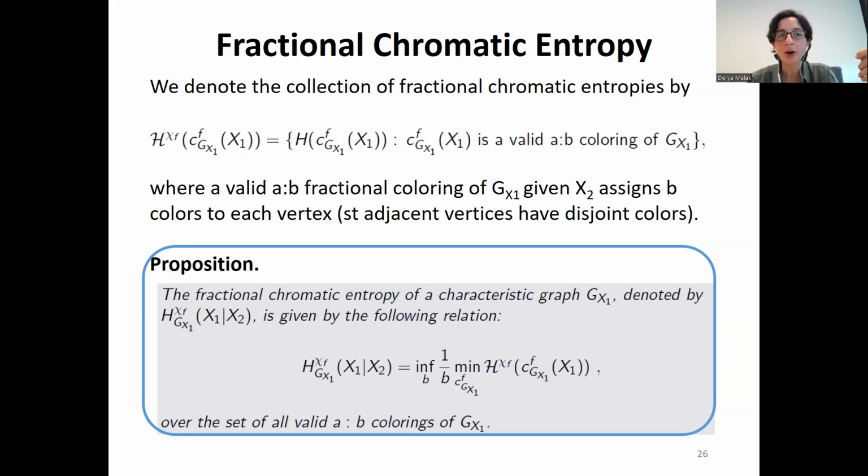And then over the set of fractional chromatic entropies that I have defined for this set, I find the best coloring that minimizes the entropy. And the solution of this problem will give me the fundamental limit of compression for the more general setting where I can allow more colors per vertex.